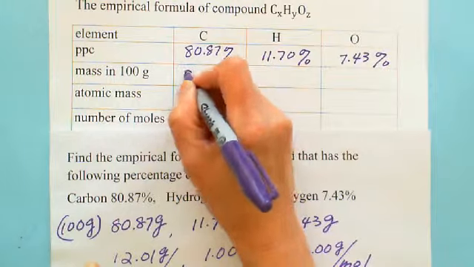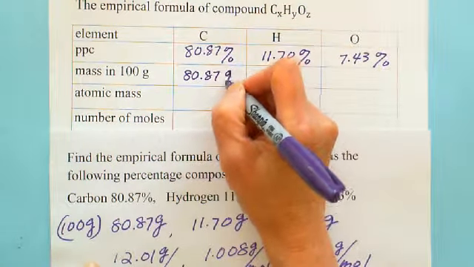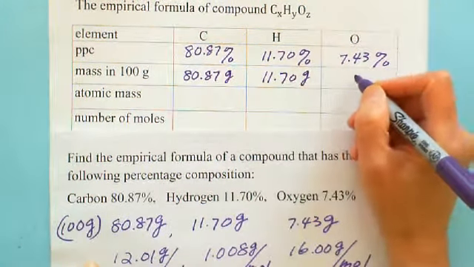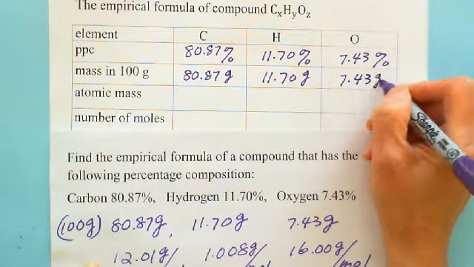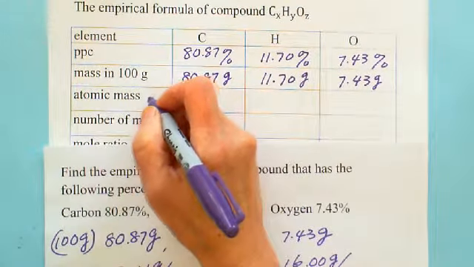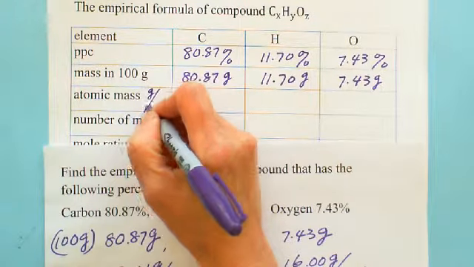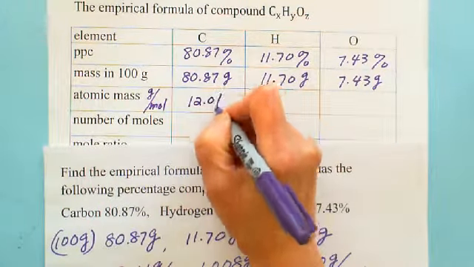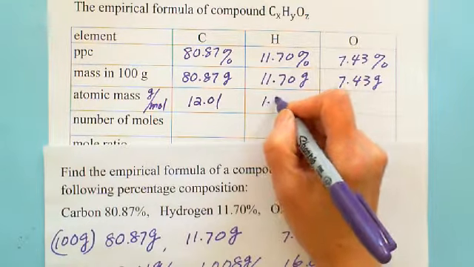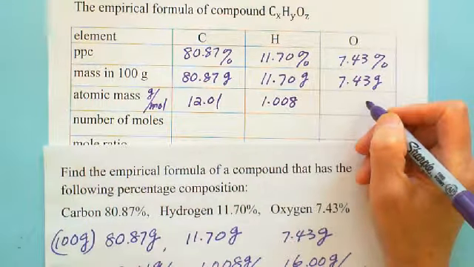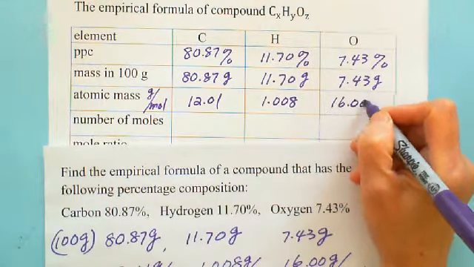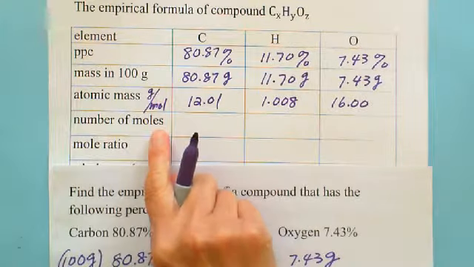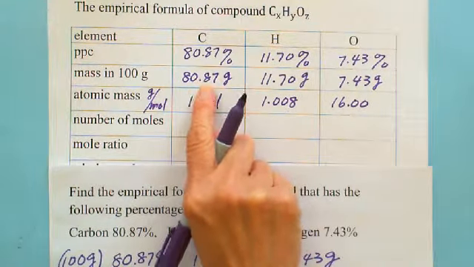In 100 grams we have 80.87 grams of carbon, 11.70 grams of hydrogen, and 7.43 grams of oxygen. The atomic mass, which is the molar mass, in grams per mole: carbon is 12.01, hydrogen is 1.008, and oxygen is 16.00 grams per mole. Next, we're looking for the number of moles in 80.87 grams.